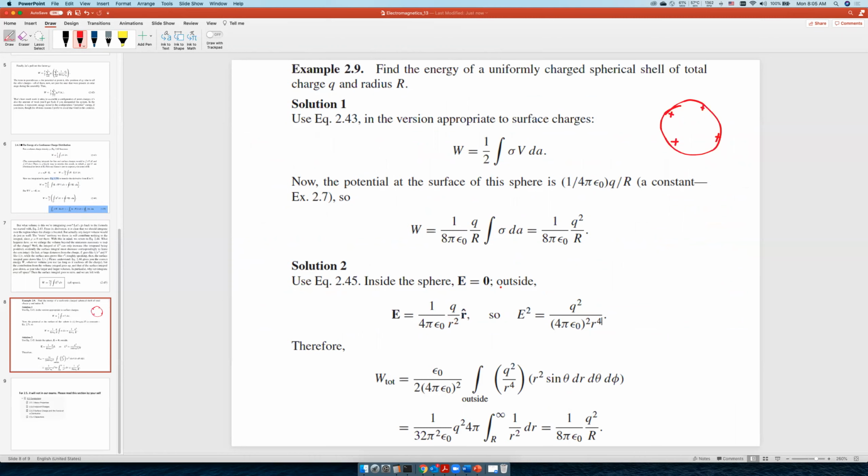This conclusion has been made in the previous sections of this chapter. So E squared equals this term squared.